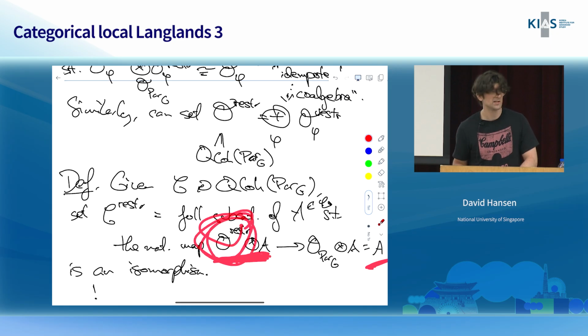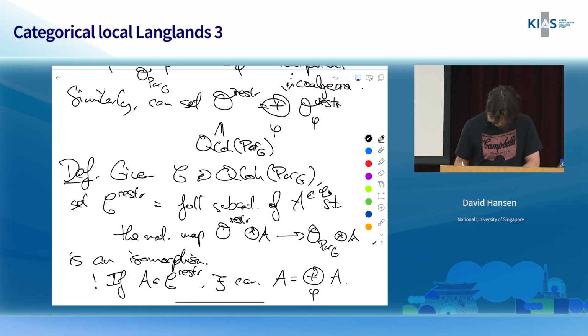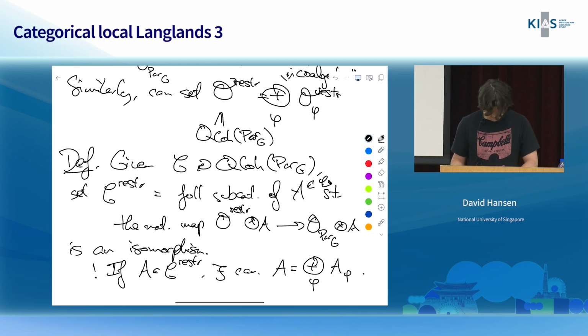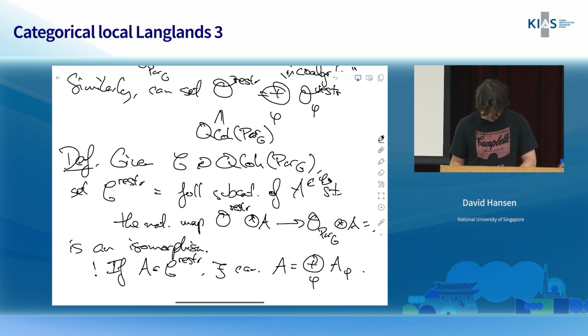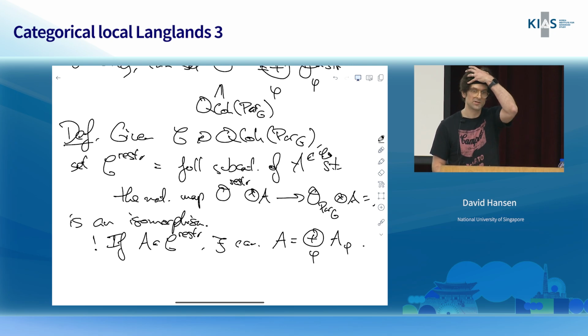And this thing has this big decomposition, so then A gets a big decomposition too, right? So if A lives in C restricted, then there exists a canonical decomposition of A into some big direct sum over phi of pieces A phi, okay? So this passage from C to C restricted and back will be very important in the 5th lecture.